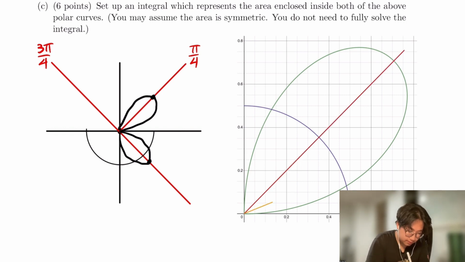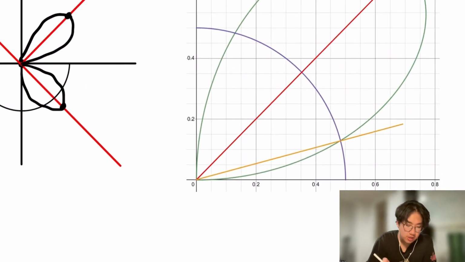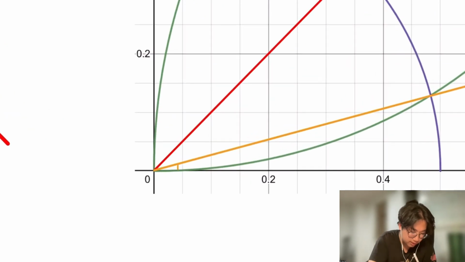We'll draw it like this over here with this kind of red and orange color going. Okay. So again, remember with area in polar coordinates, whenever we're trying to find area, you always want to imagine an arm sweeping through and covering the shape.